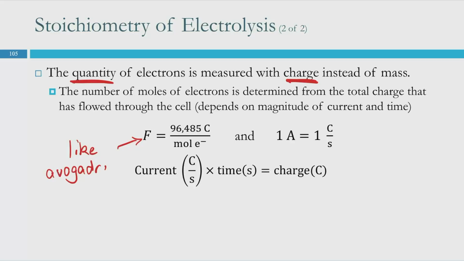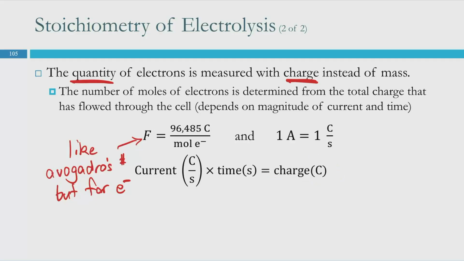It functions similarly, but it's for electrons instead of for atoms or moles. It's relating charge and moles of electrons. And then we also have that 1 amp is a coulomb per second. Also useful information.